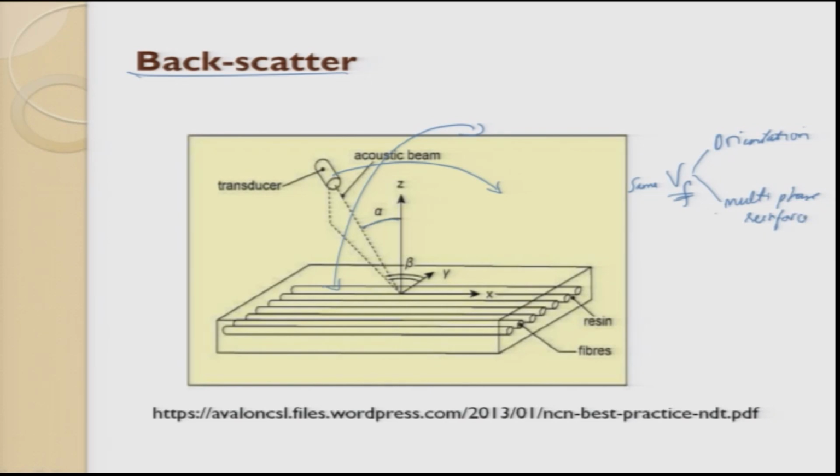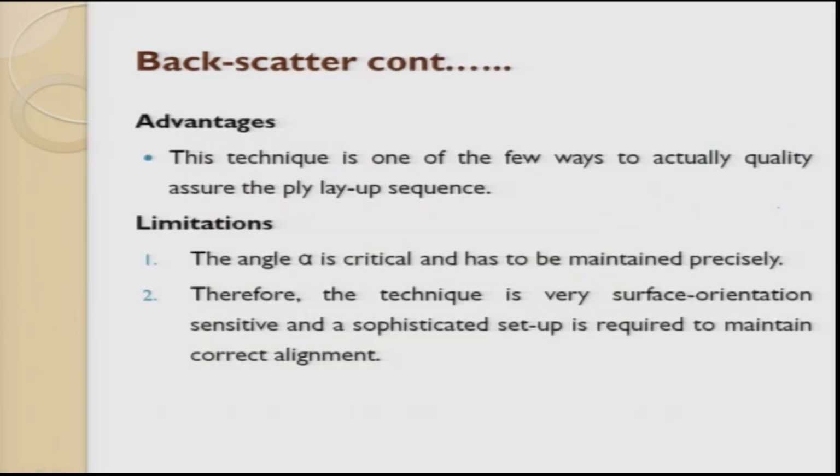So the volume fraction of the glass fiber will be constant, but the performance is completely different. This can be found out by the backscatter technique. I have told you the ply layup sequence can be figured out, but really you need true skill, because the surface orientation sensitivity and the sophistication of the setup required is really high.